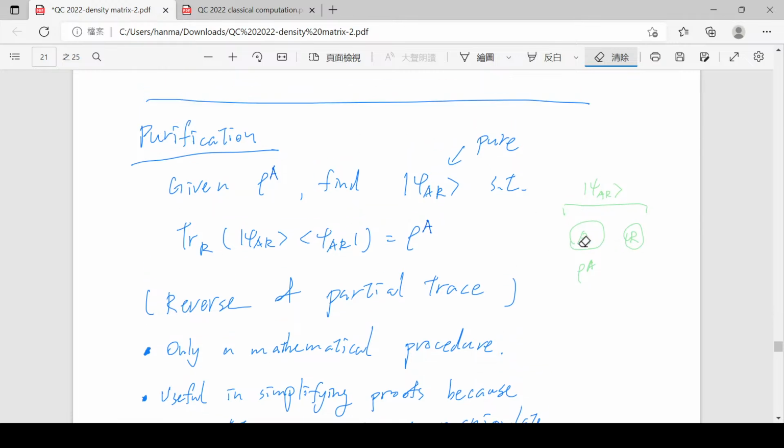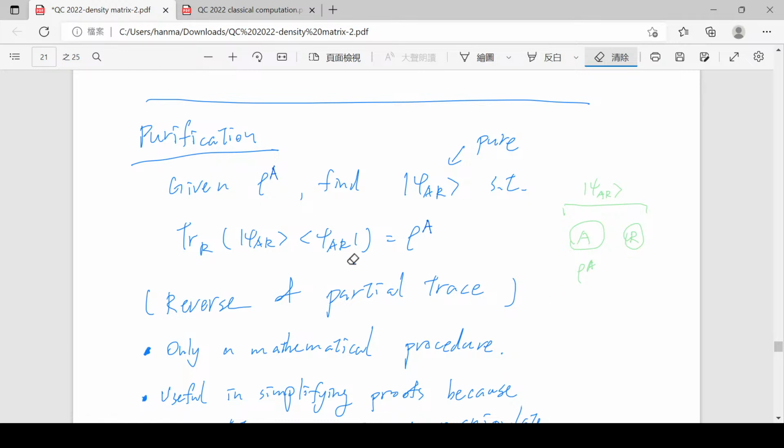So you think about, you have a system A, and you have some density matrix rho_A on it. Then you want to find a pure state on system A and another reference system R, such that if you do partial trace on this state psi_AR, then you will get rho_A. So you can see this is a reverse operation of partial trace.